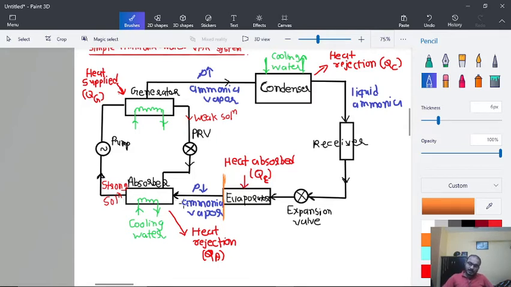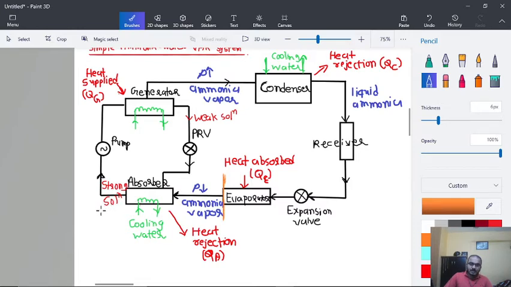This ammonia vapor at low pressure enters this absorber. Sorry, cooling water is a separate thing. In the absorber we are having water. So this water will suck all this ammonia vapor into it.